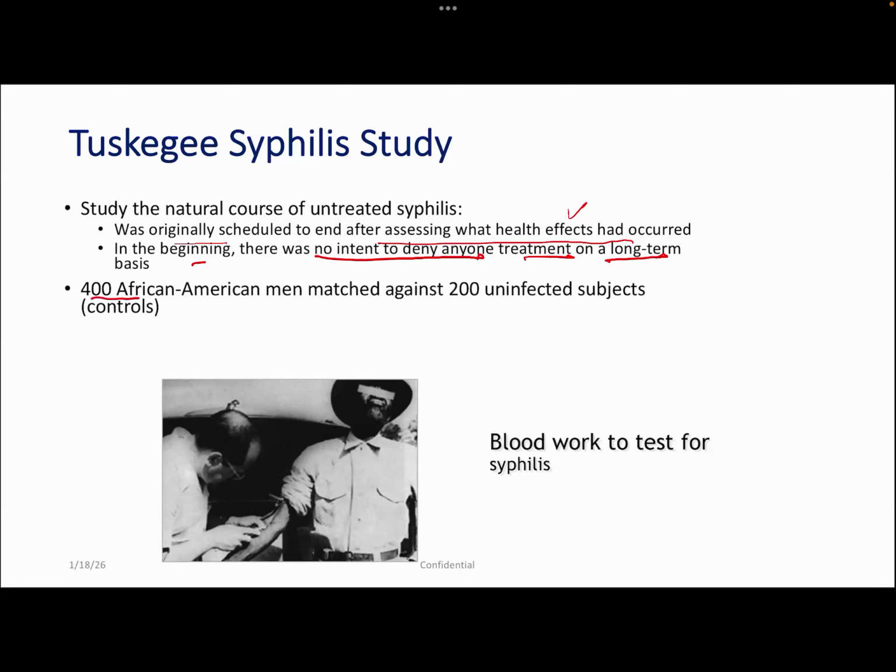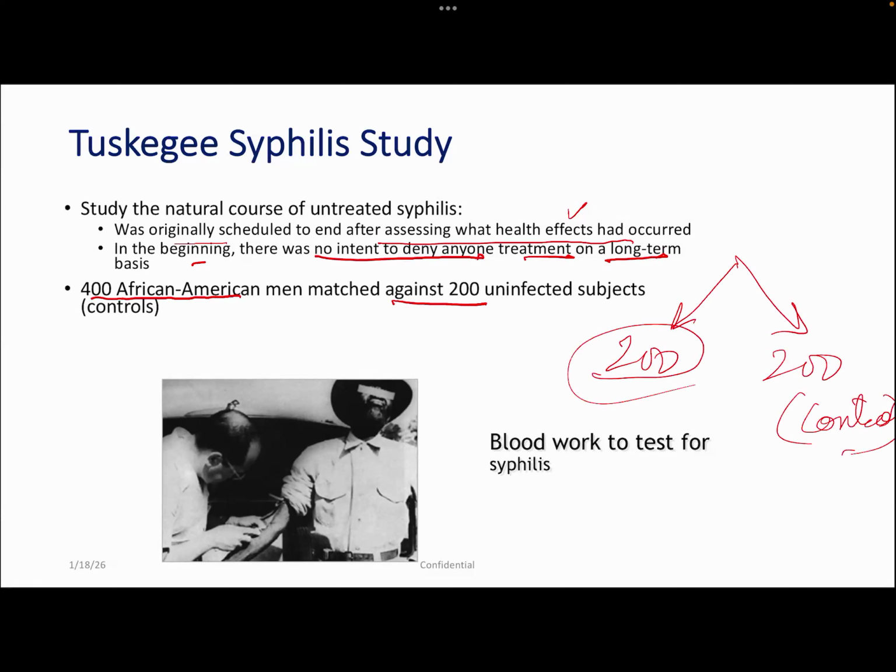In this trial, they enrolled 400 African Americans and matched them against 200 unaffected controls. Control means they did not have the disease, while the others had infections. So they made two groups, and those suffering from syphilis paid the price.